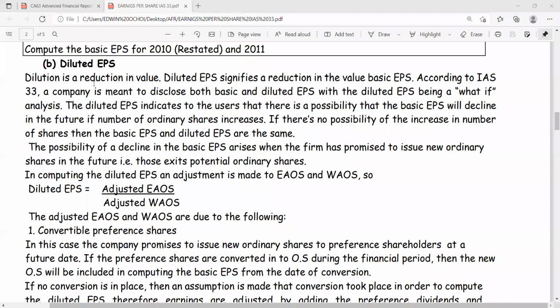Dilution is a reduction in value. Diluted EPS signifies a reduction in the value of the basic earnings per share.